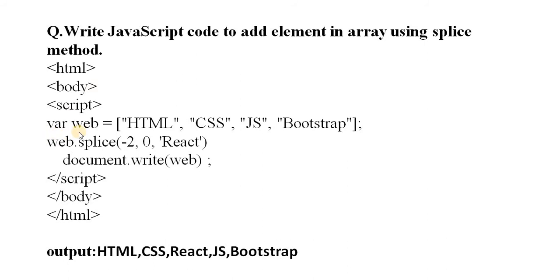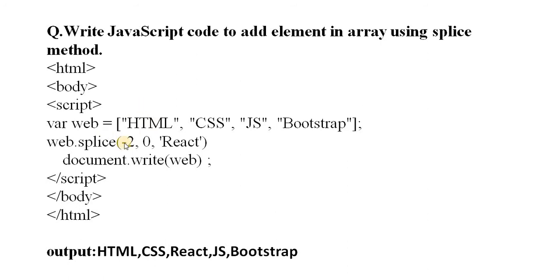After that we create one array, that is var web is equal to HTML, CSS, JS and Bootstrap. And after that we apply the splice method with -2, 0 and React. Here at the index of -2 we insert one element.